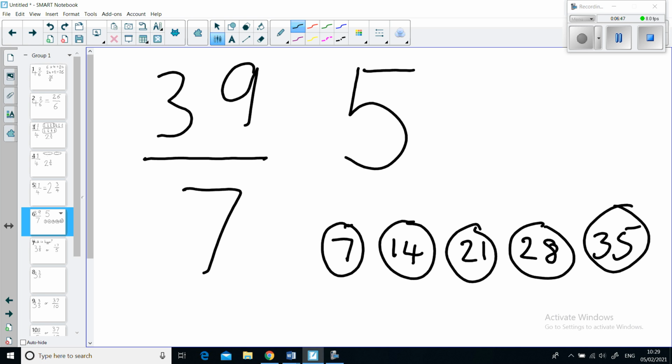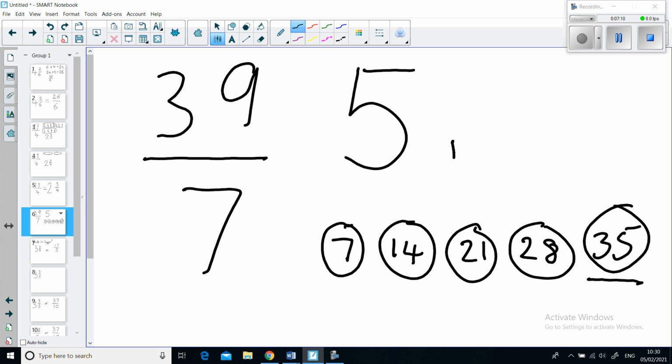Okay. Now, how many then do I have left over? That's what I've got to work out next. So I got to 35 when I was counting up in my 7 times table, and I need to get to 39. So all I do is I count up from 35 up to 39 to work out how many I've got left over. So 36, 37, 38, 39. Okay, and I've got 4 then left over.